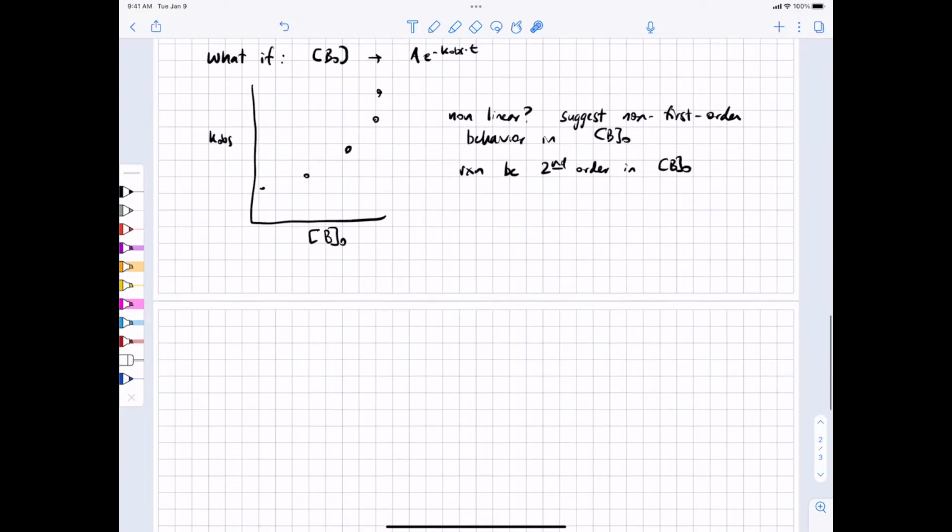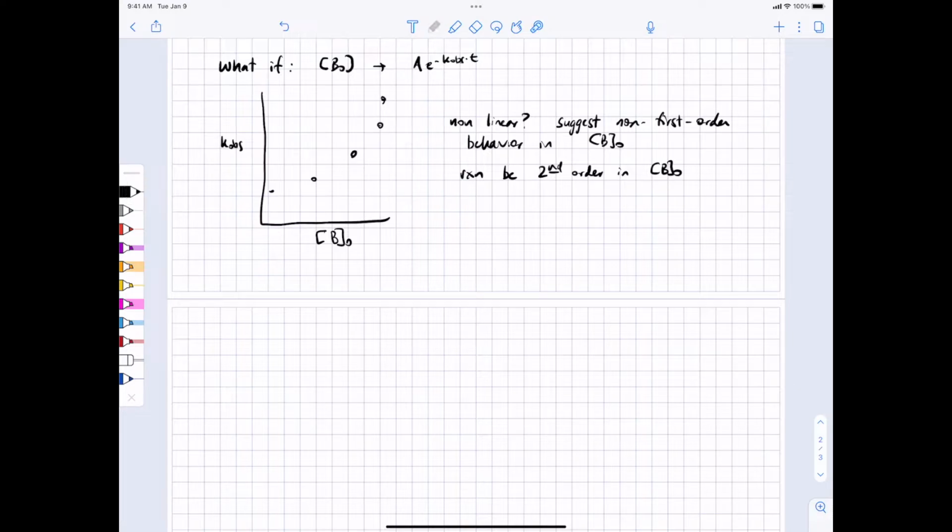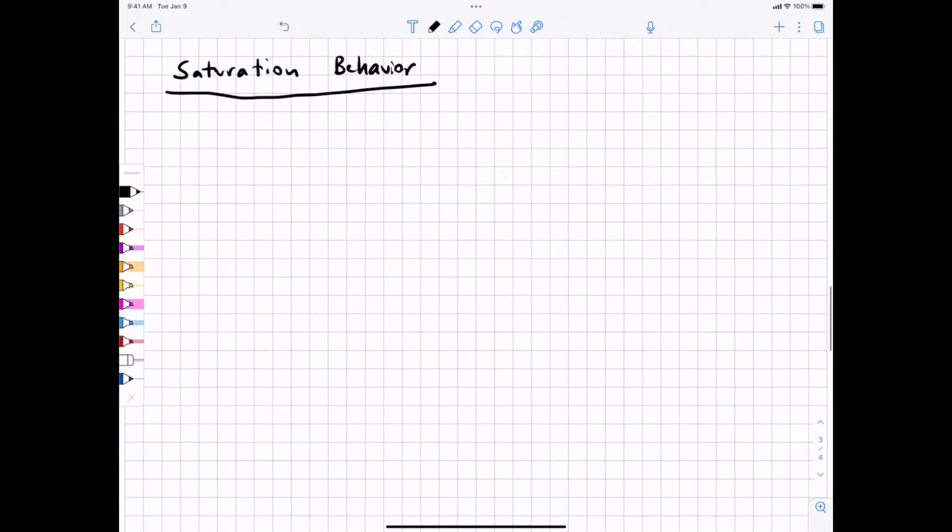Now, there are some reactions where instead of seeing k obs increase monotonically in a linear fashion or increase quadratically as we change the B concentration, sometimes we observe what is called saturation behavior.